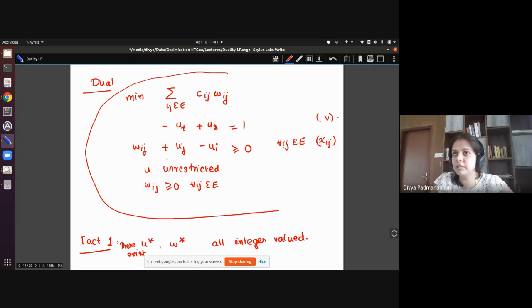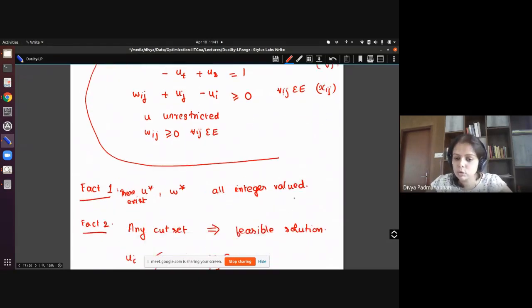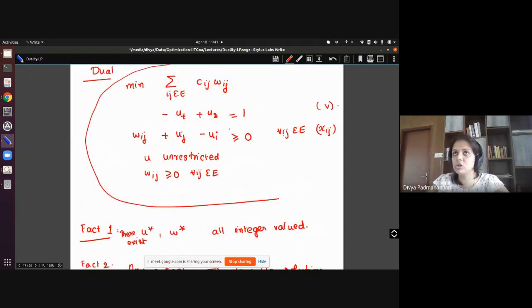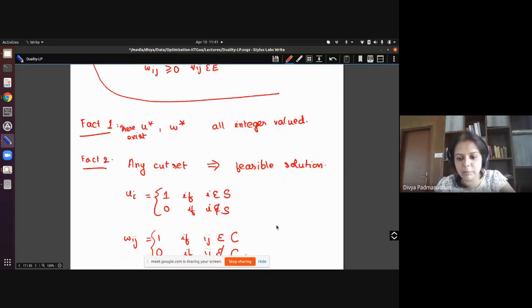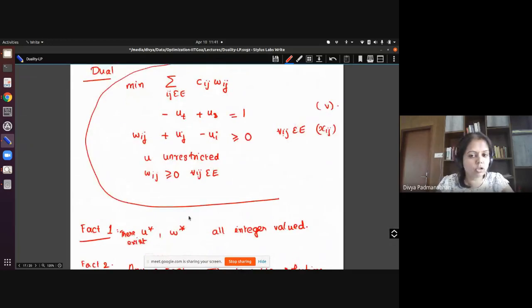It will set it to be non-zero only for a few, and that will exactly specify the cut set. It will also not set it to fractional values. So for the wij's greater than 0, the best value it can set is 1, because these are all going to be integer valued.